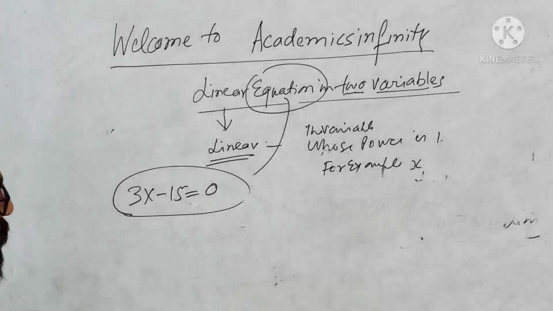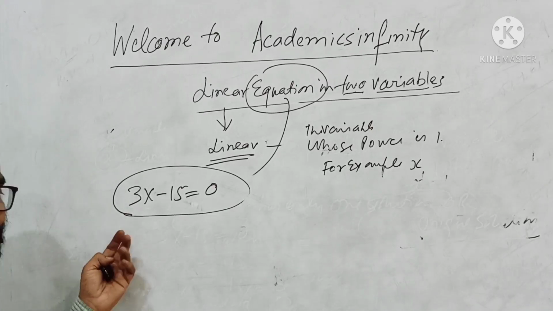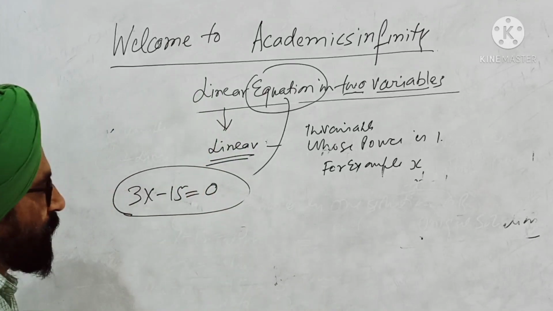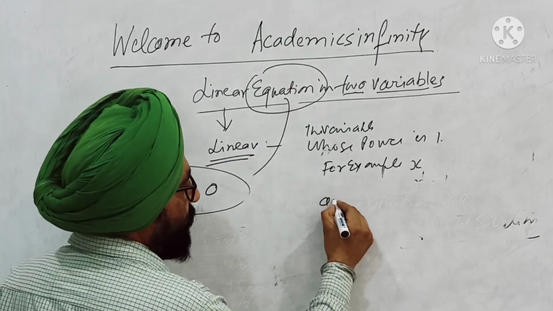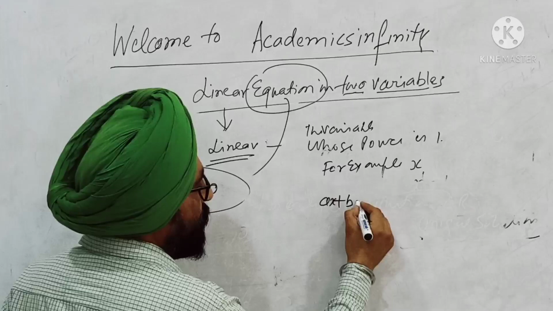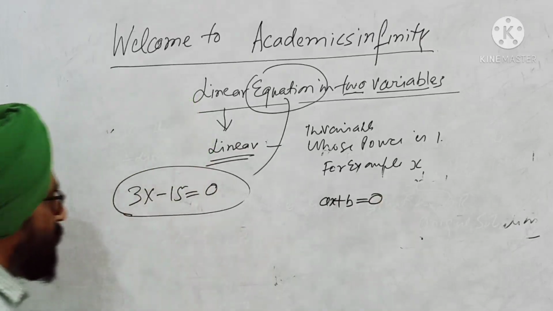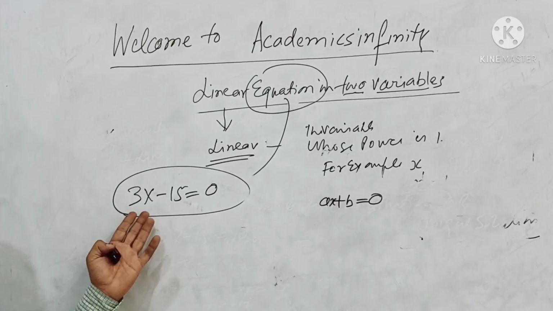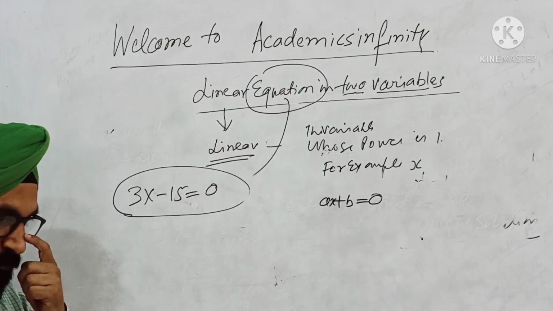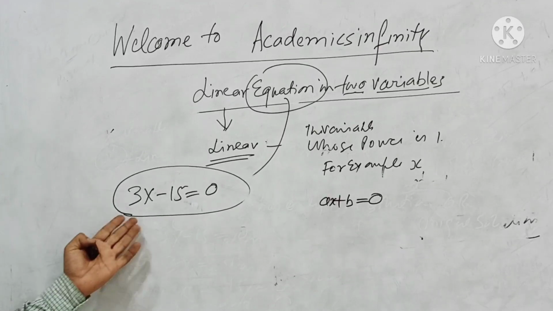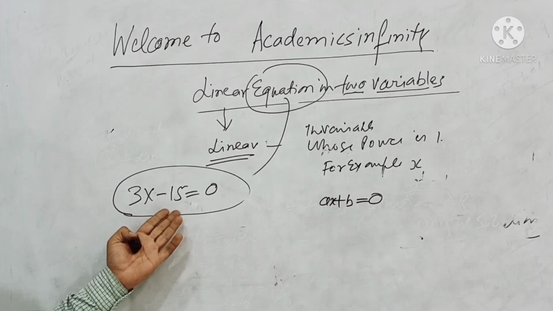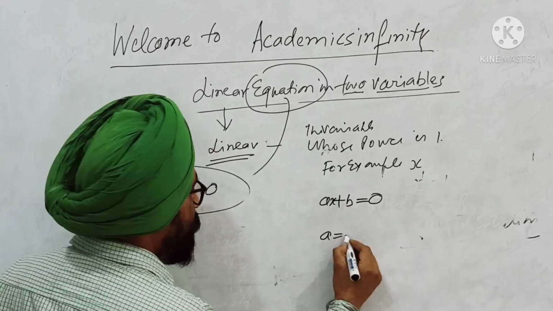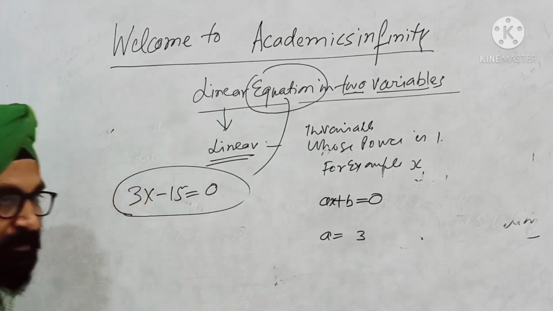Not so many. We already discussed how to present the linear equation in one variable in the mathematical form, that is ax + b = 0. We already took the example 3x - 15 = 0. Now we are going to explain it here. a = 3.